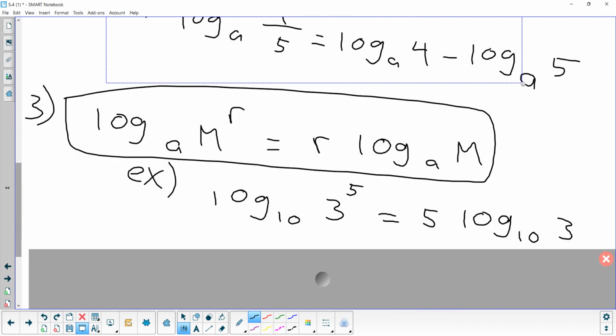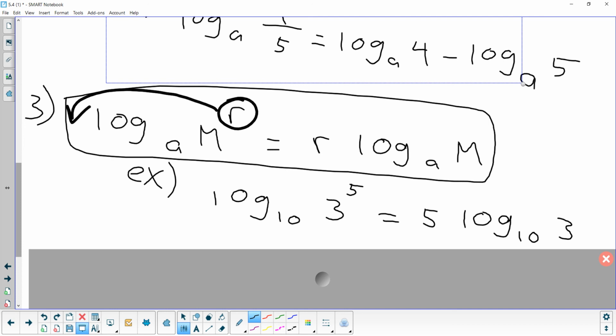And the last rule, and then we'll do some examples, and that'll be it, has to do when you have an exponent on an argument. What you are allowed to do is move that exponent in front. So would that be 5 times log base 10?